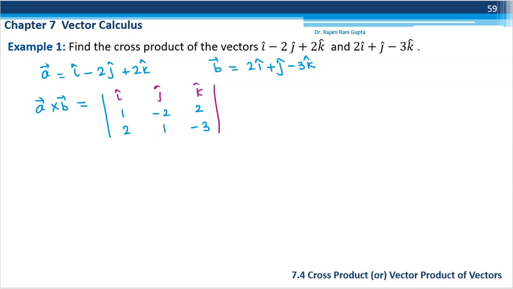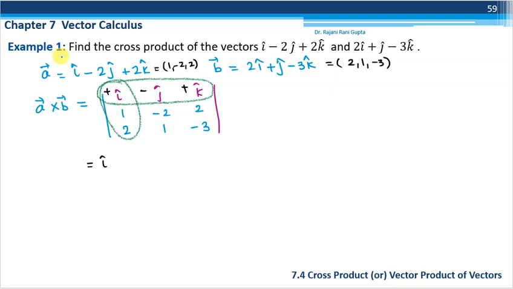Don't make a mistake over here, okay? To avoid mistakes, what you can do is write it in the component form here itself: 1, minus 2, 2, and here as 2, 1, minus 3. So it's easier for you to work on it. Starting with plus, minus, plus: i. When you work with i, it's the intersection of first row and first column.